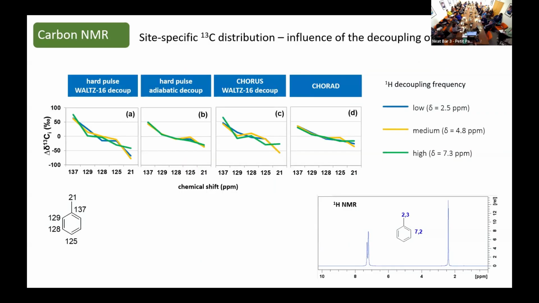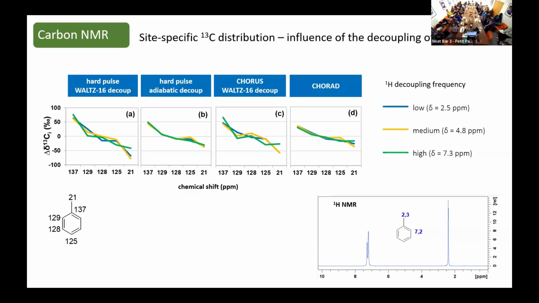This experiment shows the result we had for, usually the carbon-13 isotope ratio is measured in terms of a unit called delta carbon-13. And so we measured this delta of carbon-13 in each position of the molecule. And we did delta-delta, which is the difference between the delta of each position and the delta of the whole molecule.